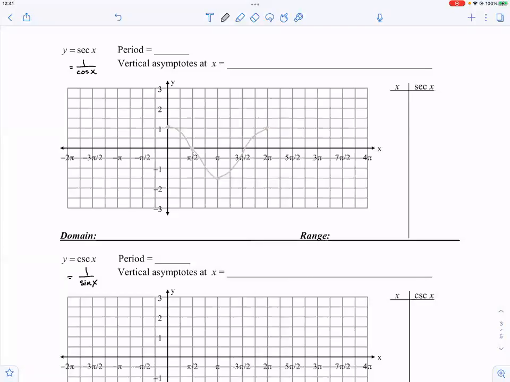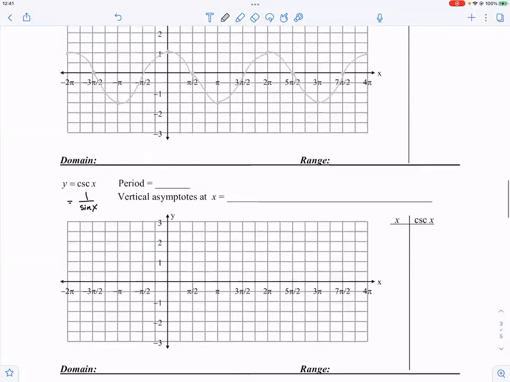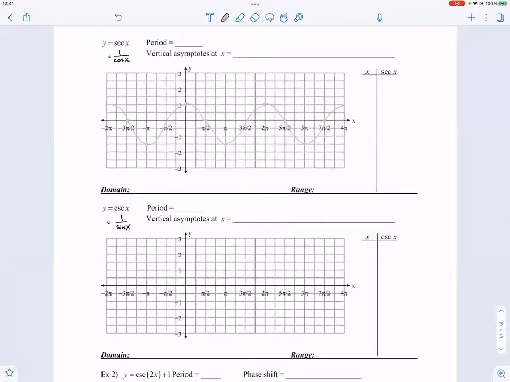All right, so let me go ahead and sketch mine. And a sine graph.